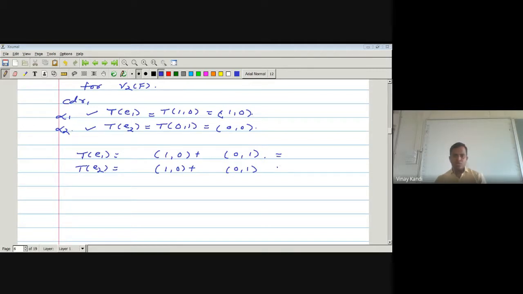So what will be the scalars such that this vector will be (1, 0) and this vector will be (0, 0)? Here the scalars are 1 and 0, and 0 and 0.